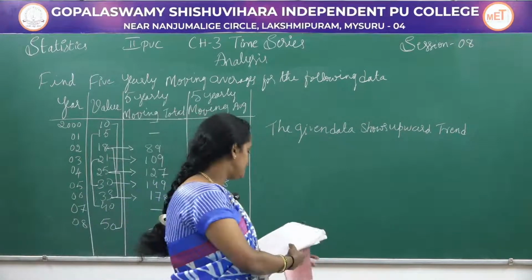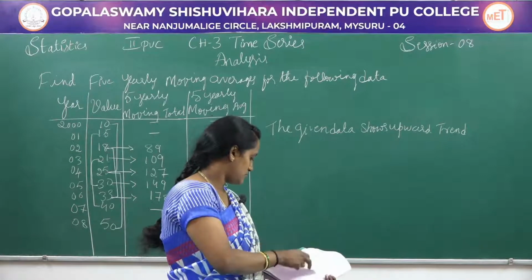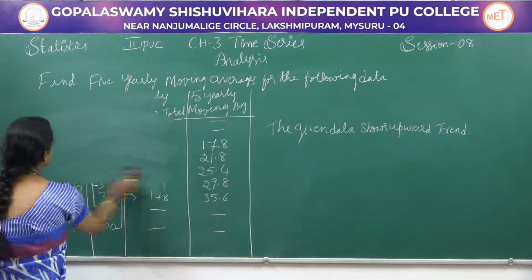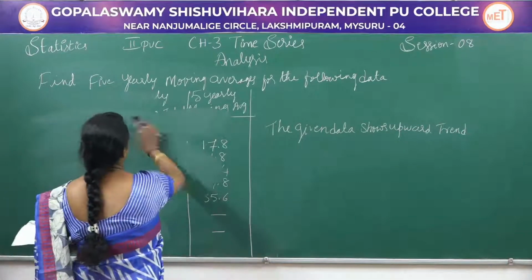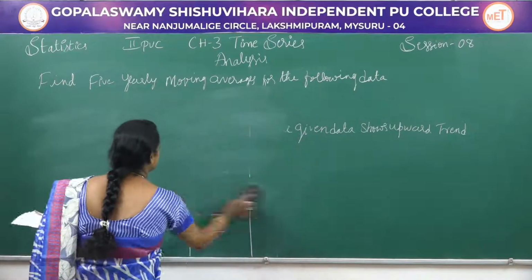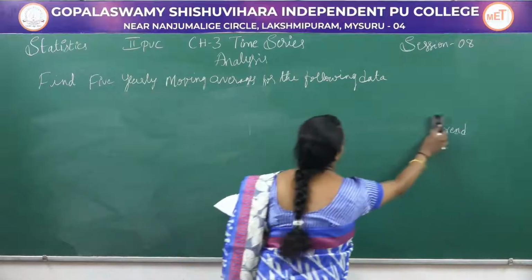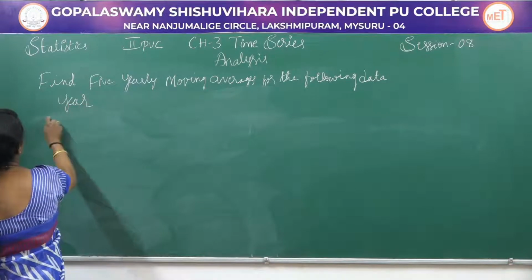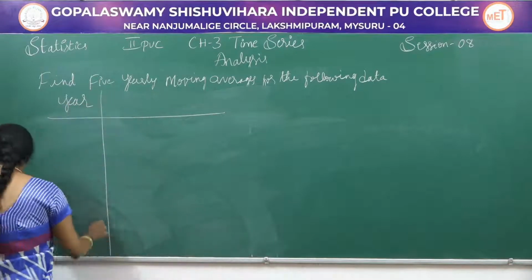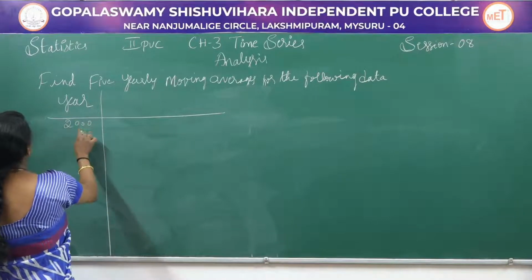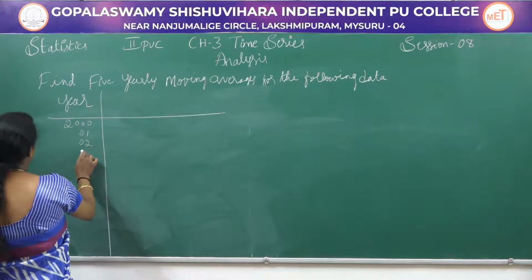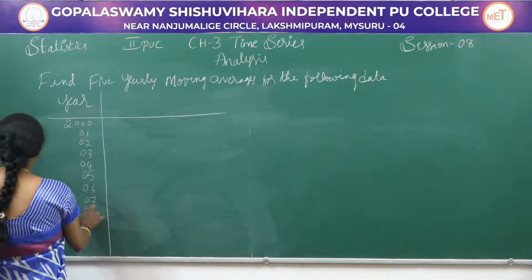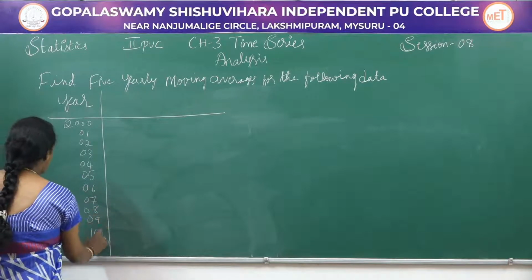Let's go for another one. The years are 2000, 2001, 2, 3, 4, 5, 6, 7, 8, 9 and 10.